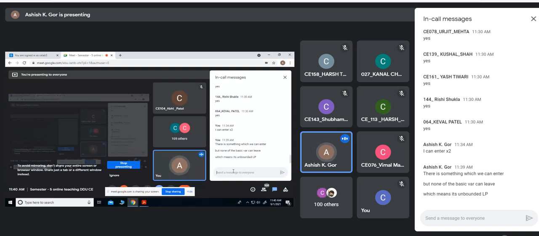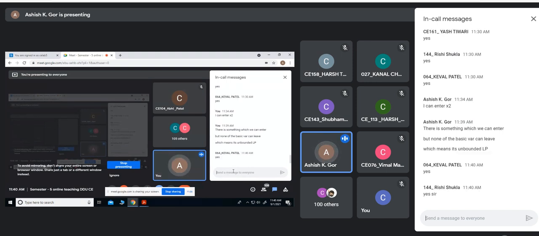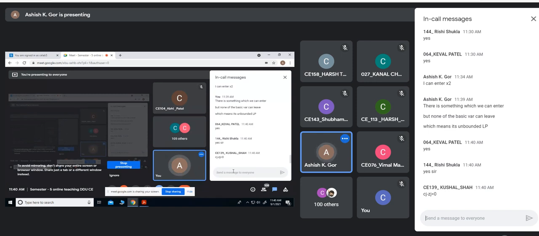Keval, Rishi, what am I trying to tell? Normally what happens? When do we terminate this program? When all Cj minus Zj are less than or equal to 0, we terminate, right?